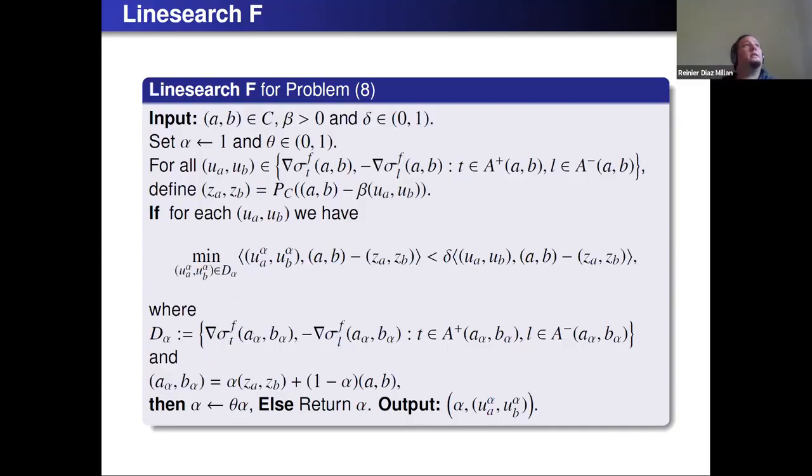Then we don't need to ask for all the points on T of xk, because T of xk in our case is the convex combination of some points. And in practice, this will be a finite number of points. Then the line search will not be so difficult.